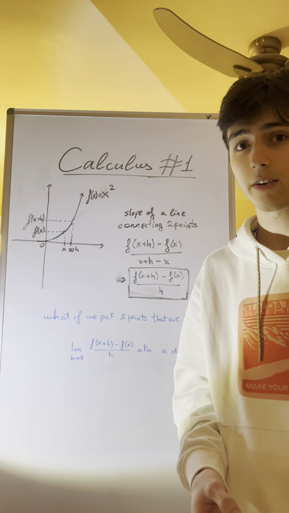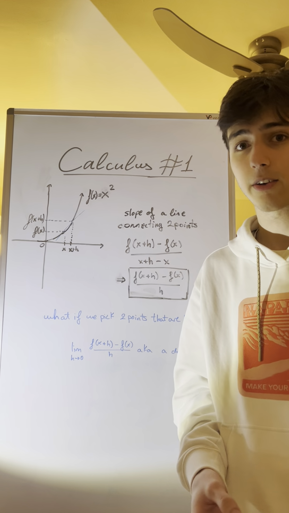And so the main idea of calculus, or at least derivatives, has to do with slopes. And here we have a function x squared, f of x equals x squared, and we've only defined it for the positive numbers. And if we pick two random points, x and x plus h, we can find the slope between those 2 points. And we can do that by doing difference in y over difference in x.